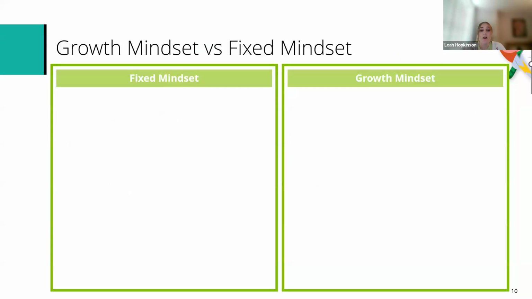And so what kind of thoughts might you have in a fixed mindset? So what might a student be thinking if they were in a fixed mindset? Please could you share your answers in the chat? So what kind of things go through the head if you think that a student has a fixed mindset? I can't do this, that kind of thing. I'll give you a minute to share your answers.